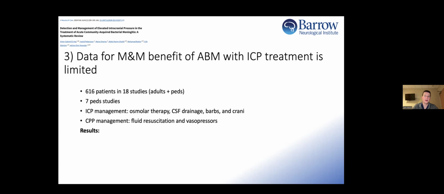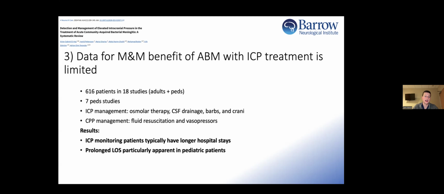And they tried to separate patients that were treated with ICP management, being therapy aimed at lowering the ICP, from treatment of CPP, where you can either lower the ICP to increase CPP or increase the MAP to increase the CPP. And what they found is unsurprising, that ICP monitoring patients typically have longer hospital stays, and that this is particularly apparent in pediatric patients.